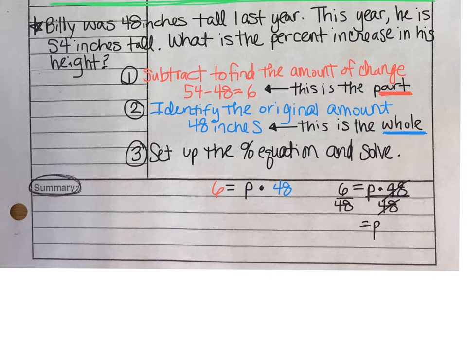And when you do that, you get P equals 125 thousandths. Now remember, this is the decimal form of your percent answer. So to get it in its percent form, you still need to multiply by 100, and you get 12 5/10%.